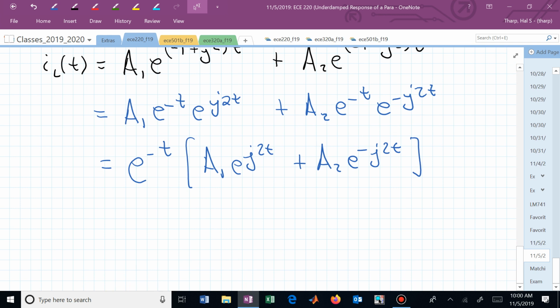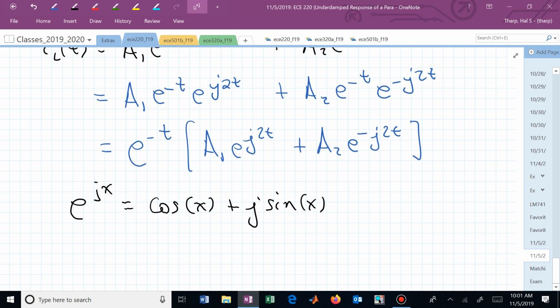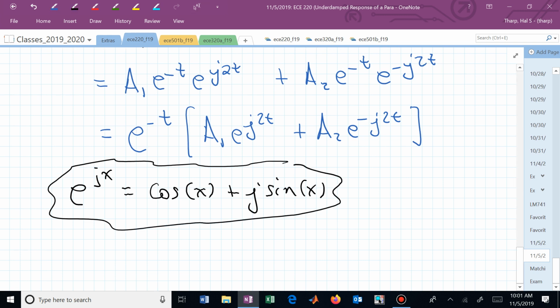And now we rely on Euler. We remember that e to the jx is equal to cosine x plus j sine x, and e to the minus jx changes the sign between the two terms: cosine of x minus j sine x. Let's now use that. So this was just sort of an aside. Now we have e to the minus t, a1.